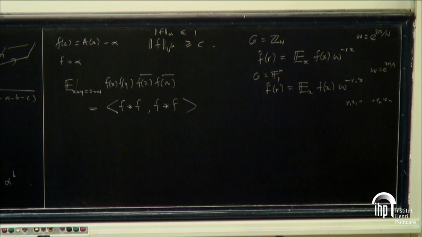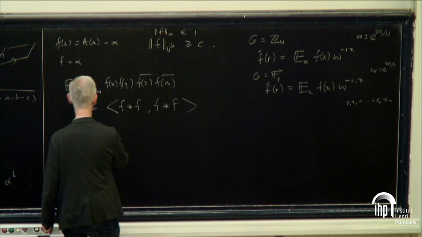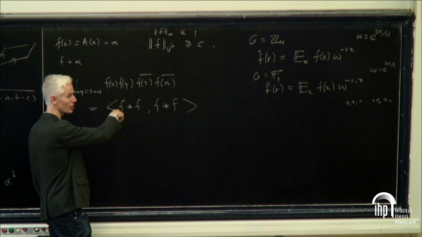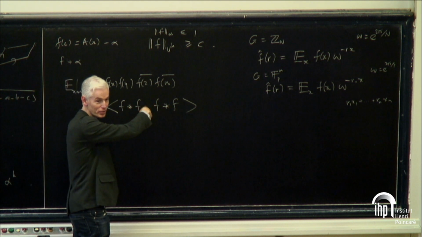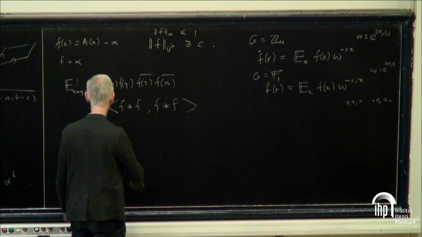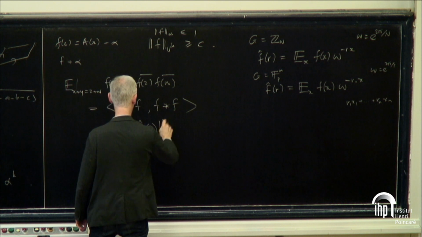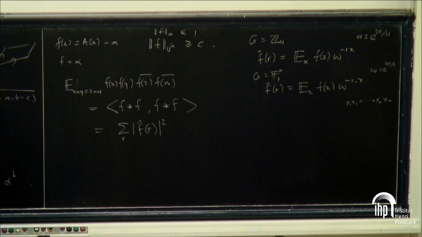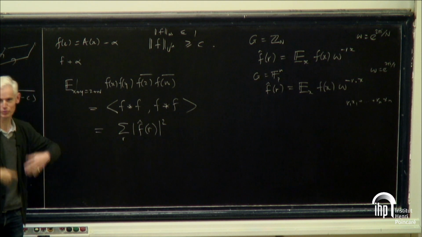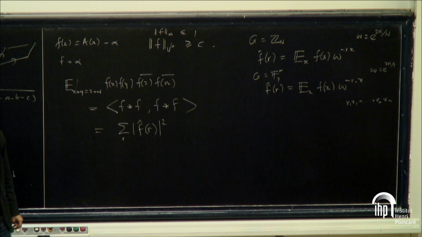And once you've got it in this form, we've got things that we know how to translate into the Fourier side, and we get two f hat r's here and two complex conjugates of f hat r's because they're on the other side. We end up with a sum over all r of f hat r squared. And the thing I'm asking you to take on trust, if you haven't seen it, is that we've got an expectation here and a sum there, and all the normalizations are correct, and so on.